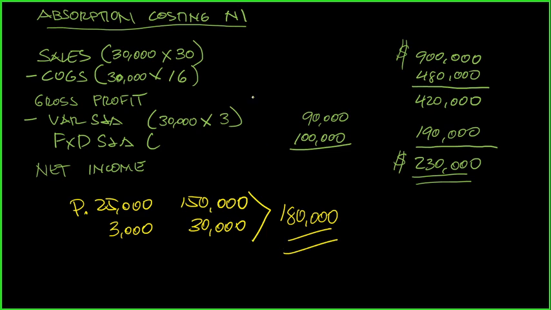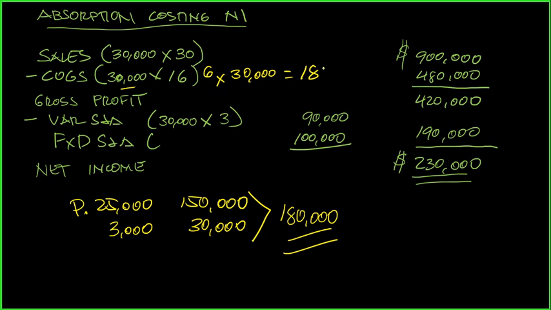To check if that is true, let's analyze your fixed cost per unit. Out of the 16, $6 per unit is your fixed cost per unit. Times how many units were sold? 30.